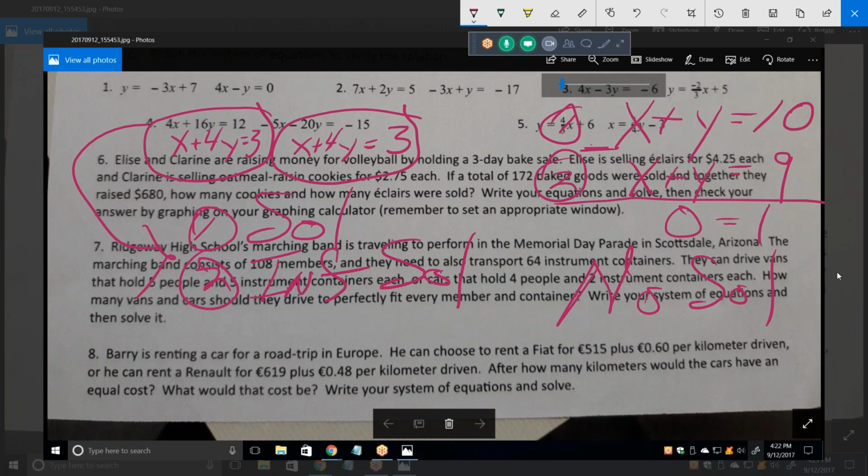And then the third possibility is no solution. And we got that when I had one number equaling a different number. If I have one number equals the same number, it's an infinite number of solutions. If I have one number equaling a different number, you know that that's impossible. That goes with the no solution.